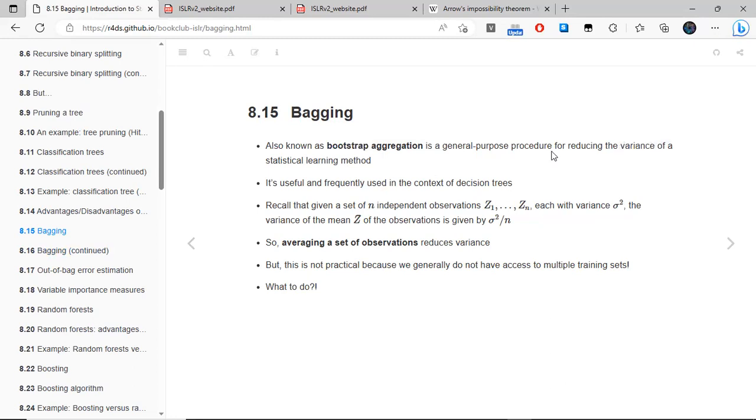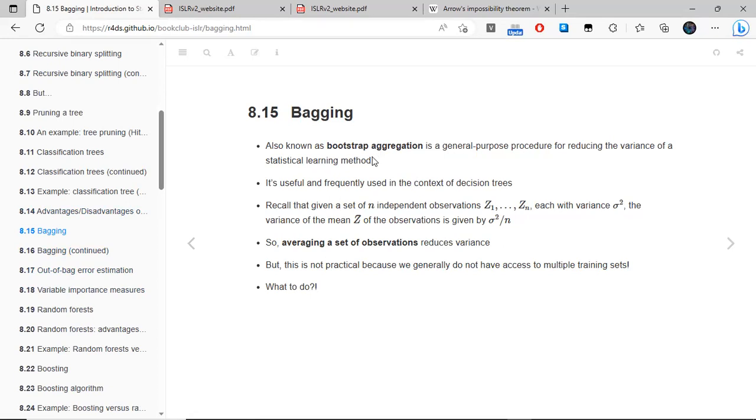However, linear regression, for example, already has a low variance. So, well, I have not tested bagging or random forest with linear regression, but I would suppose that because this statistical learning method already has low variance, applying bagging or a random forest type of procedure to it probably would not dramatically decrease the testing error.